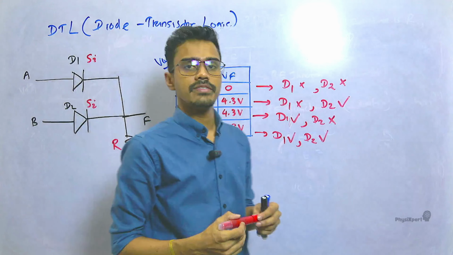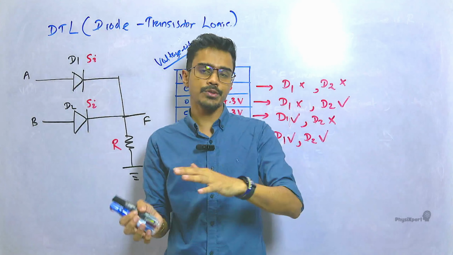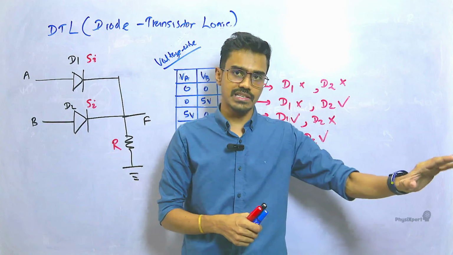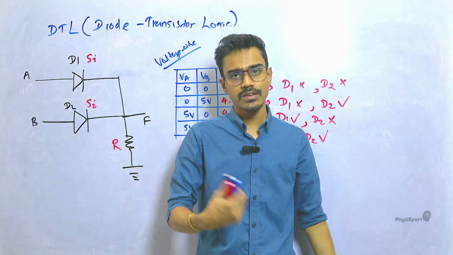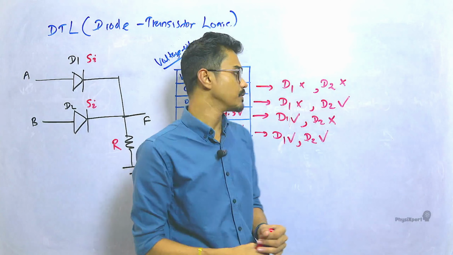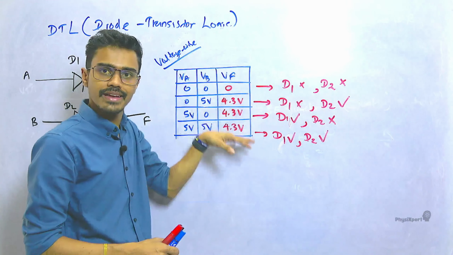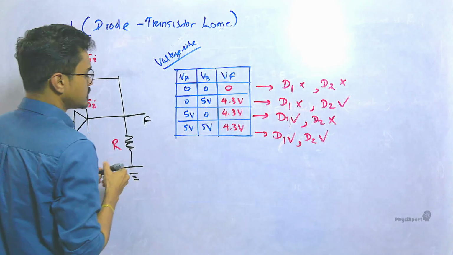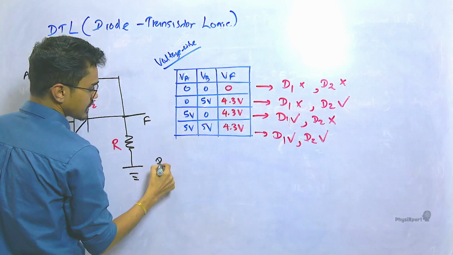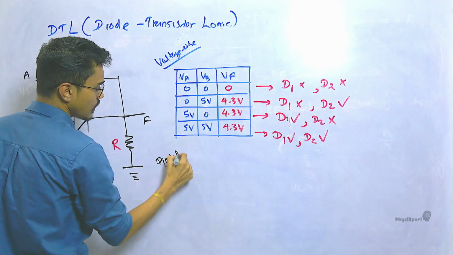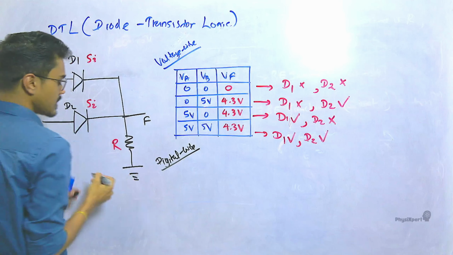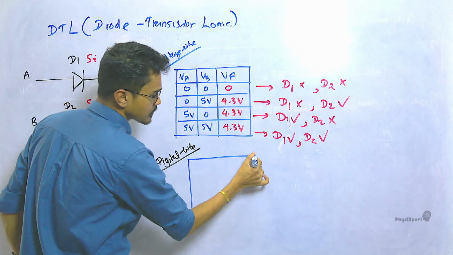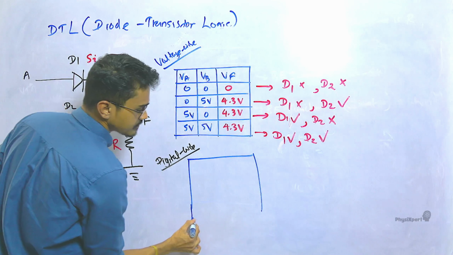Right? So when we convert a voltage-wise table into a binary or digital table, the lesser value is considered as 0, and the higher value is considered as 1. Simple as that. Convert this table to the digital table.